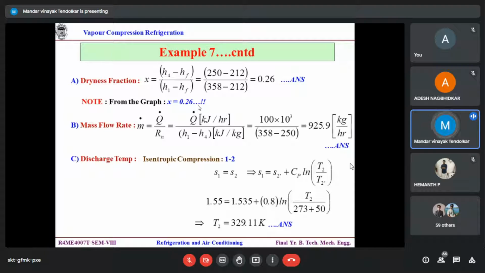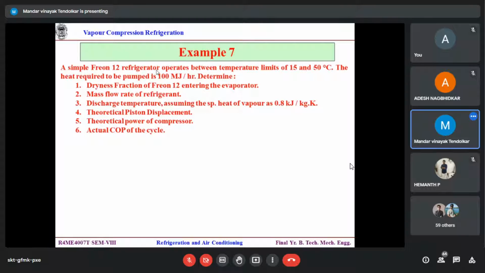Here it is given as 100 into 10 raised to 3, 300 megajoule, correct? This is pumped. I had given that hint. Pumped means what? To take from the lower part and deliver it at the higher part. So pump means suction. So that is the refrigeration effect, not the condenser, evaporator.